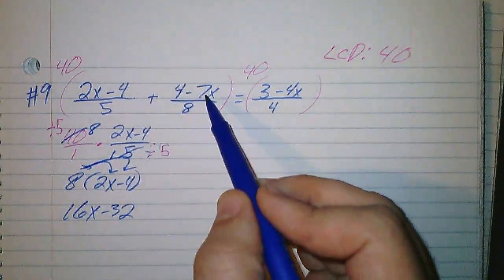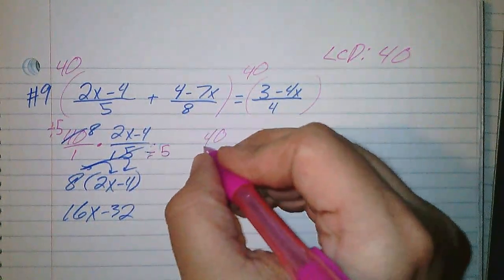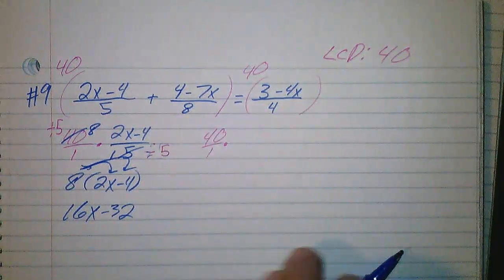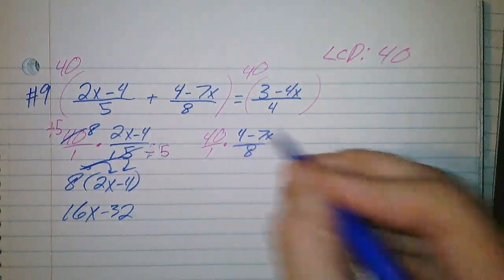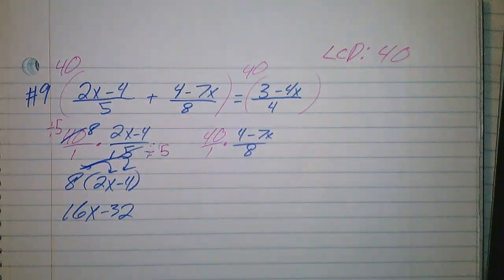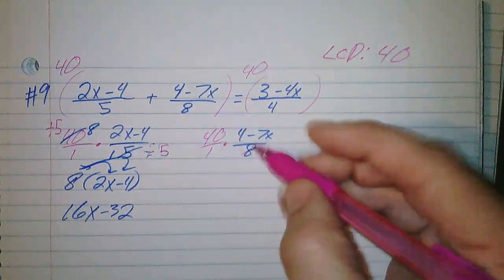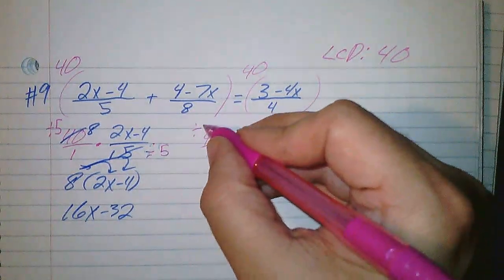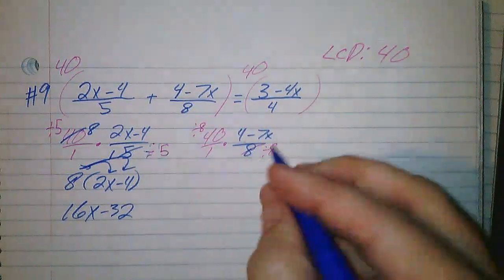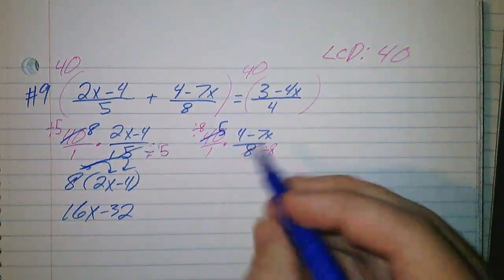We'll do the same thing for 40 times 4 minus 7x over 8. Here, using the LCD, we just divide each term by the denominator we see of 8. 40 divided by 8 becomes 5. 8 divided by 8 becomes 1.